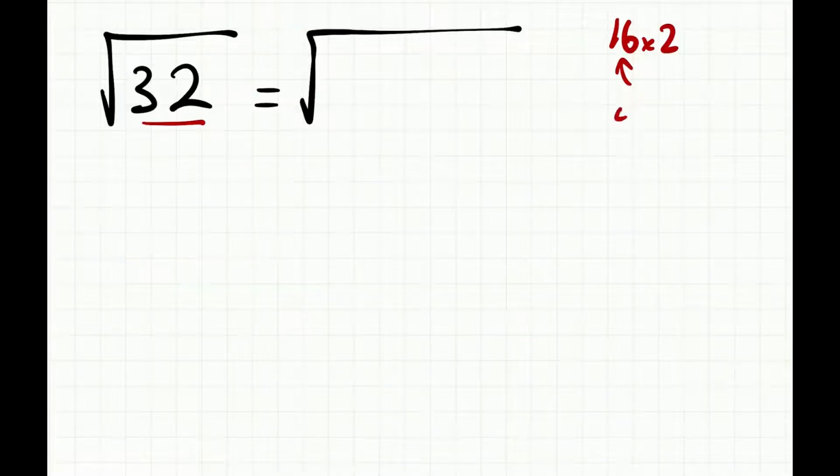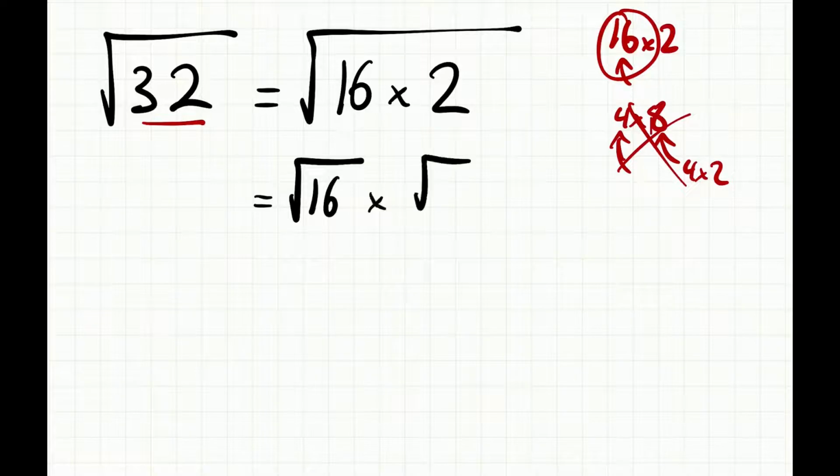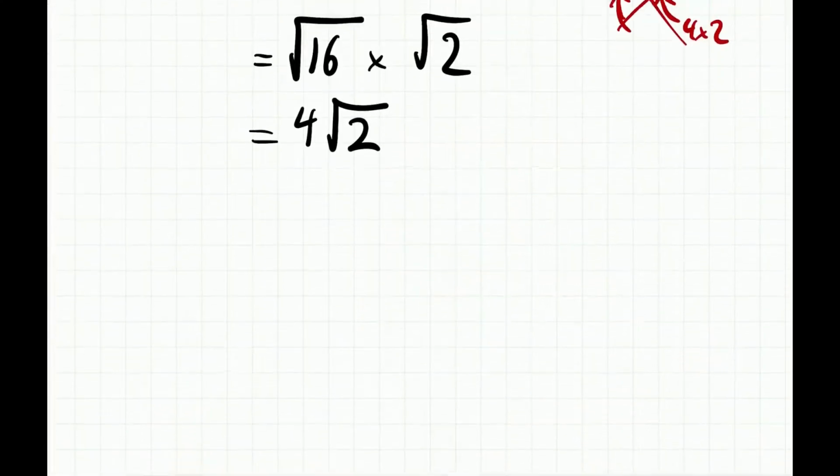We also know that 4 times 8 gives us 32, and 4 is a square number, but then we'd have to go back and simplify that 8 down, because 4 times 2 gives us 8. So we always want to choose the largest square number. So we rewrite root 32 as root 16 times 2, then separate them out into root 16 times root 2, then simplify. Root 16 is 4, and we're just left with root 2 there.